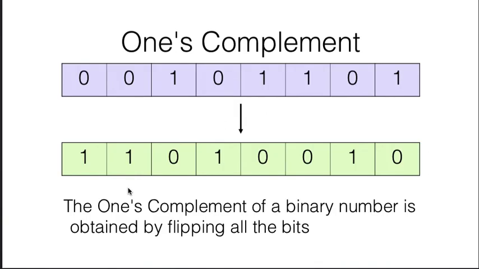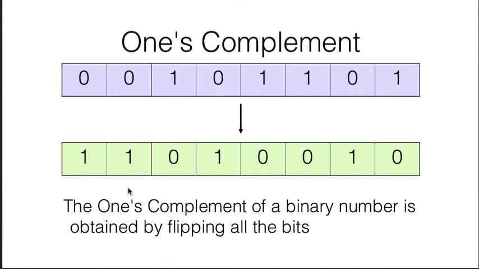Okay? So 1's complement then is another way of representing binary numbers that can also represent negative integers. And this is a bit more sophisticated and is slightly better. Okay? So the 1's complement of a binary number is obtained by flipping all the bits.